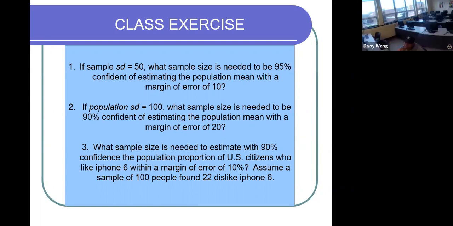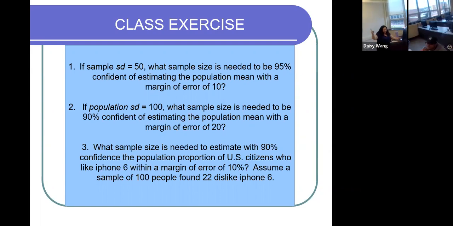Wait, so number 2 is also sample. It's population standard deviation. See that? Oh, right? Yeah, so it's different. Sample standard deviation and population standard deviation.